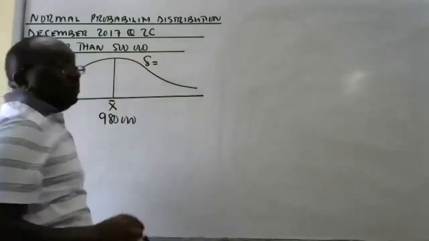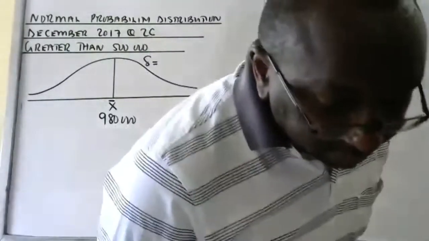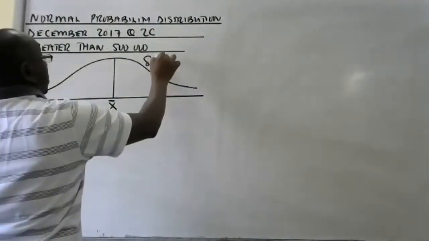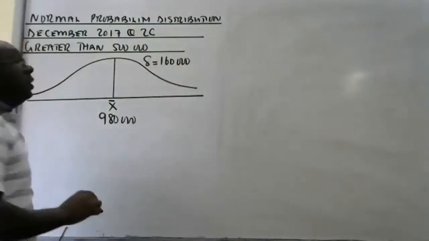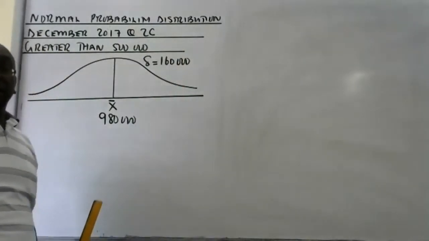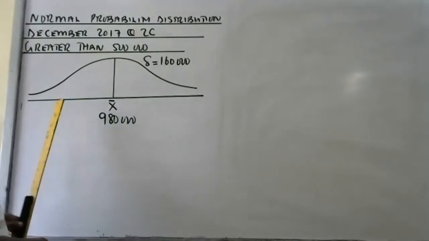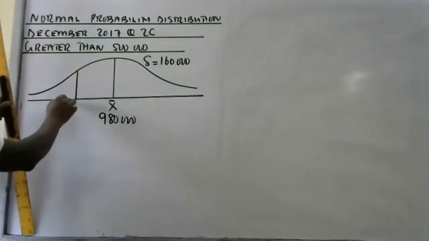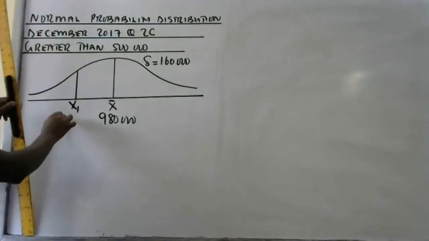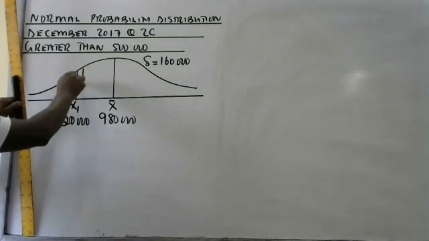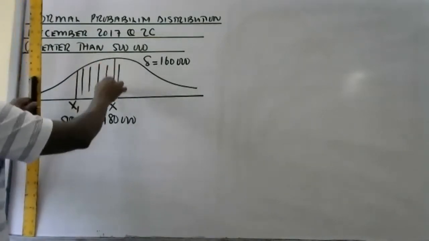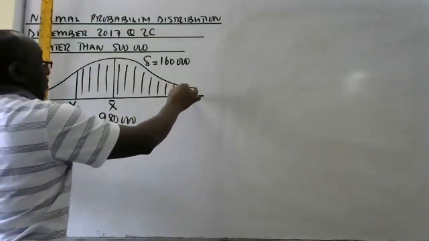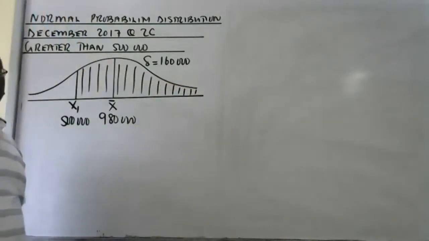And the standard deviation, we are told, is 160,000. So if it's greater than 500, then 500 must be on the lower side here. So this is X1, which is 500,000. And because we are looking for greater than, then we want the whole of that region.